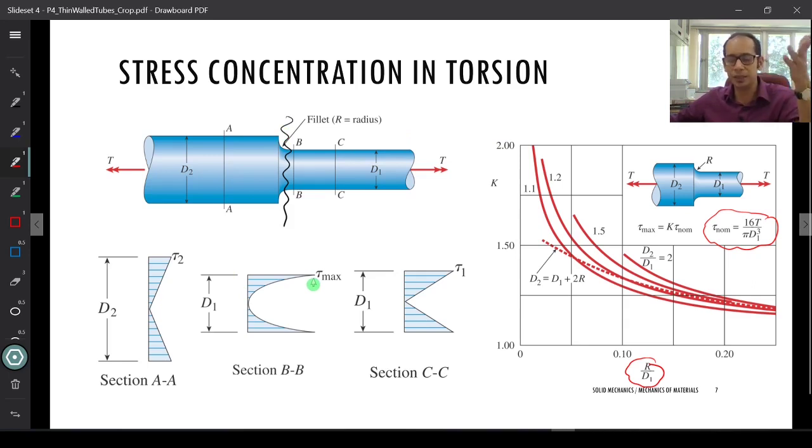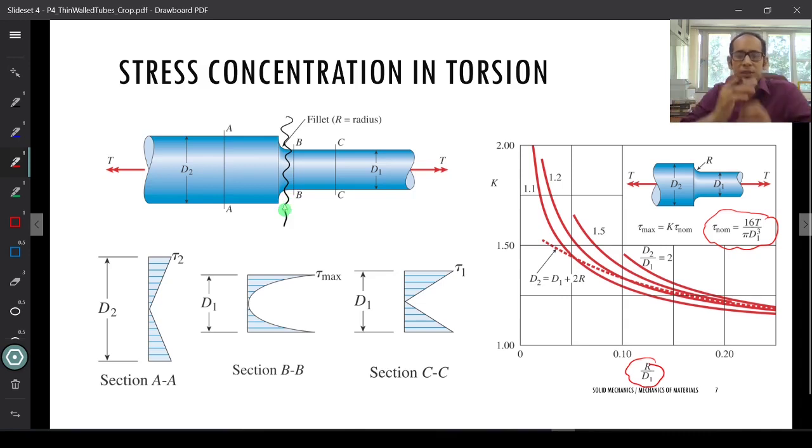These essentially help when you are designing a member with one part having a larger diameter and the other part a shorter diameter. In those cases, it helps you find the peaking of the stresses at these interface regions.